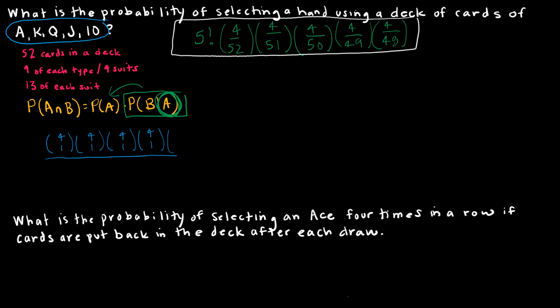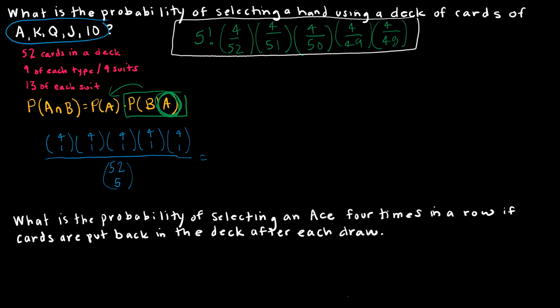And there are 4 tens, I choose 1. And the denominator is that there are 52 total cards, and I'm choosing 5 of them. Now, you might be thinking, well, that seems too easy, and it does seem too easy, but it is the correct solution. So let's take a look at this solution.